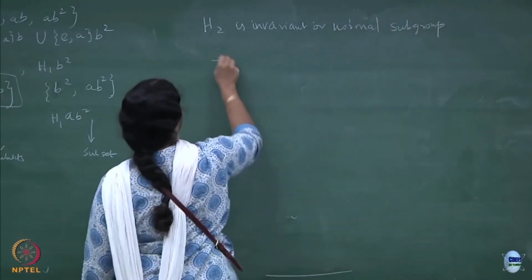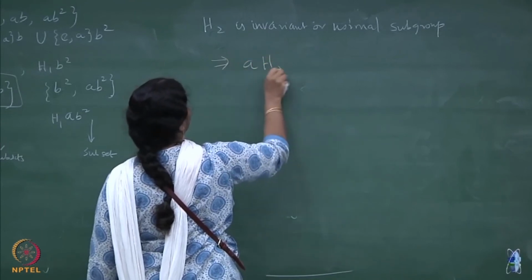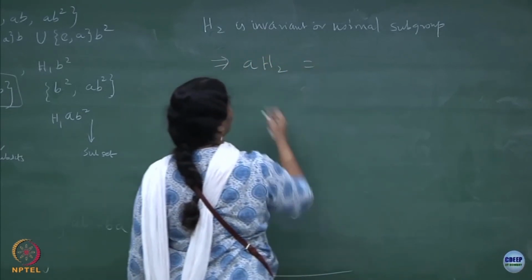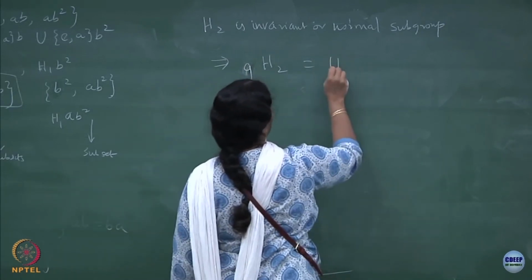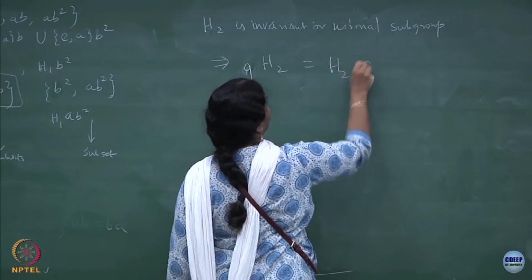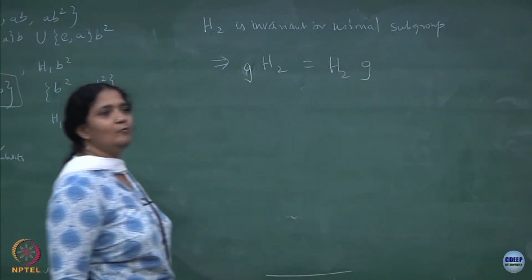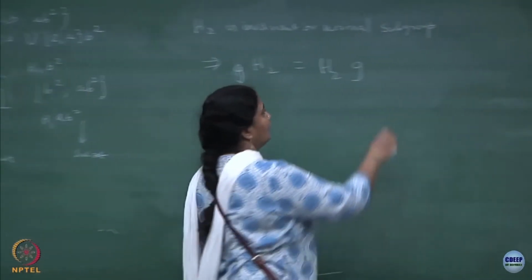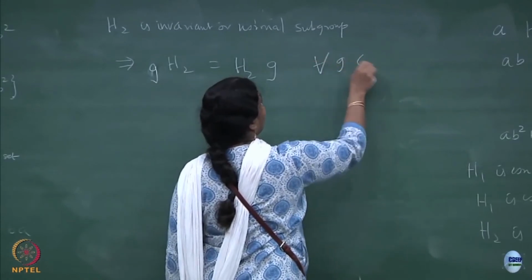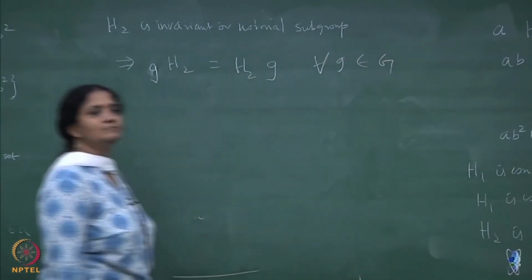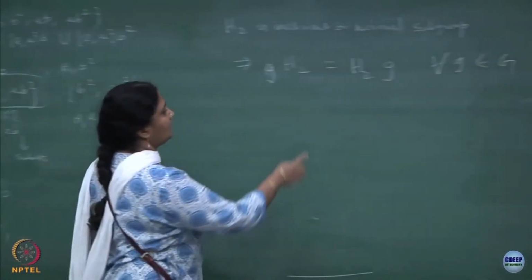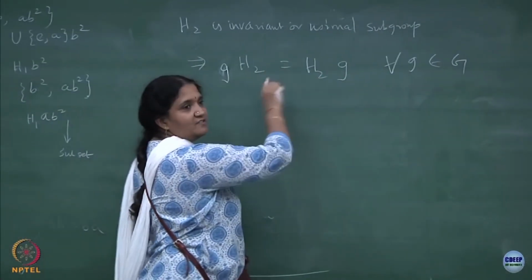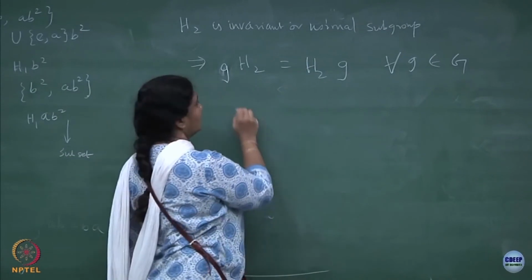This implies g H2 should be equal to H2 g. Left coset should be equal to right coset for all g element of G, right? And now you can right multiply g inverse on both sides.